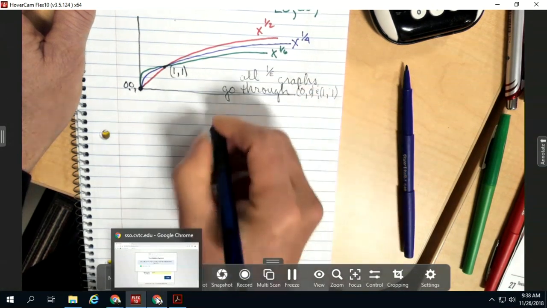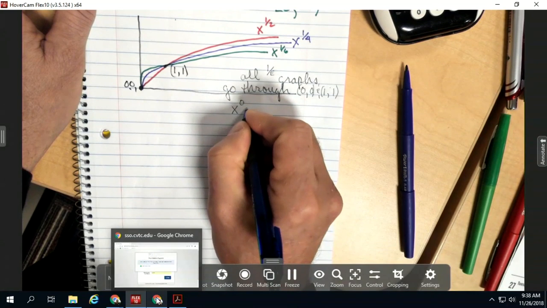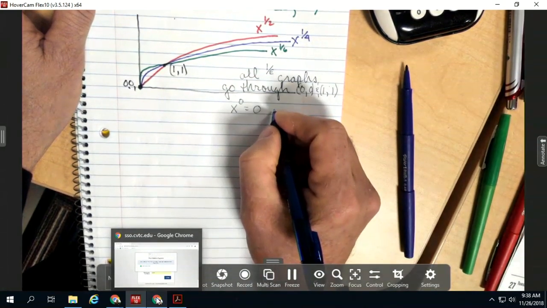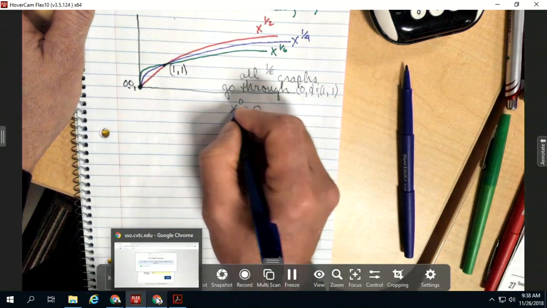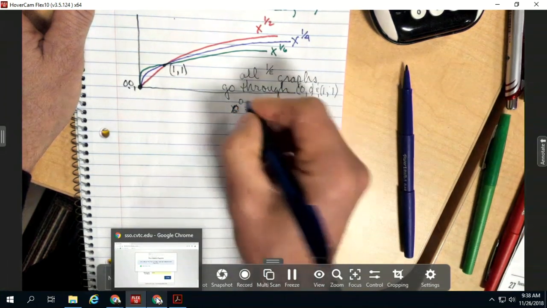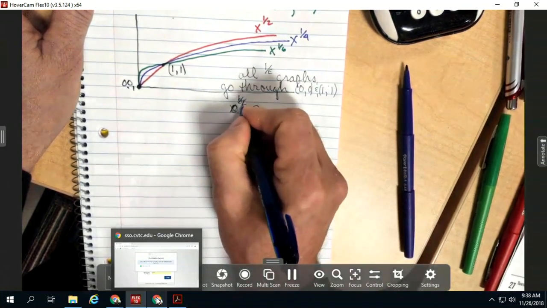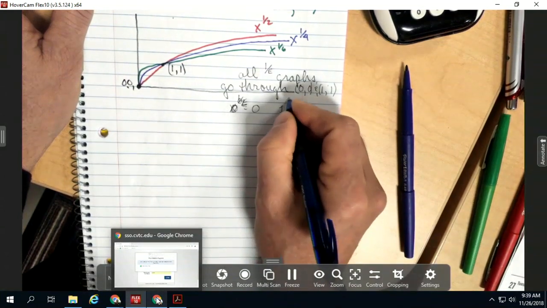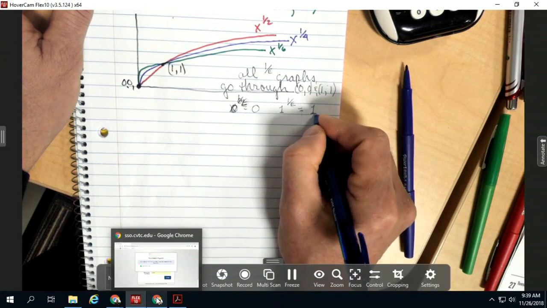Now what does that mean? 0 to the 1/2, or 1 over even, is 0. And 1 to the 1 over even is 1.